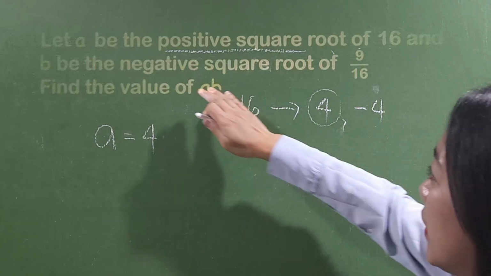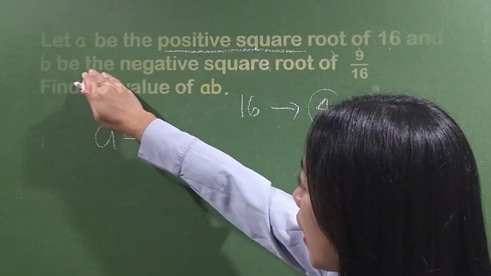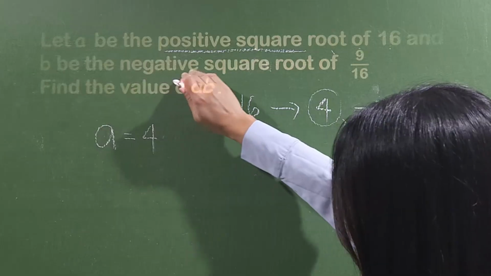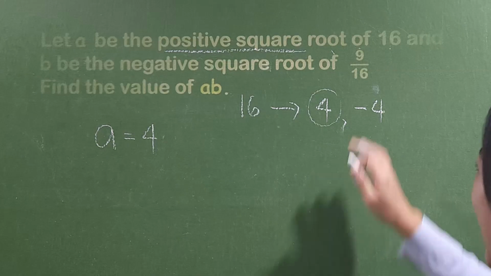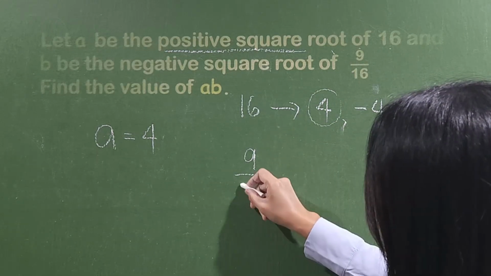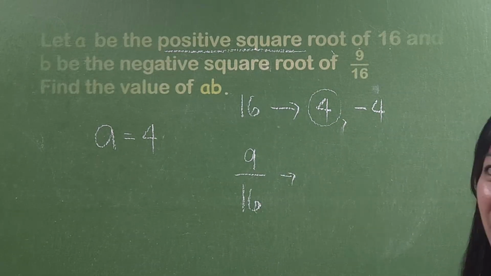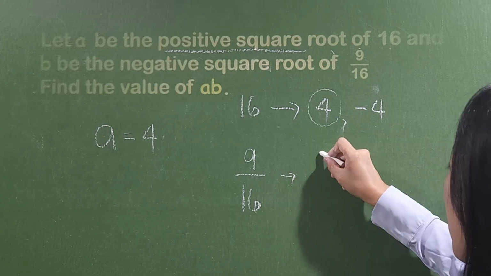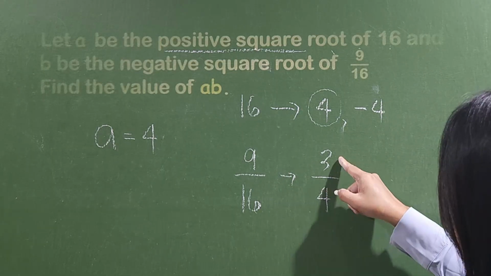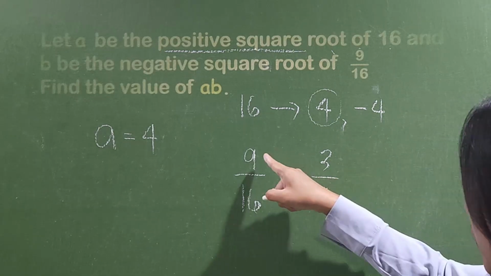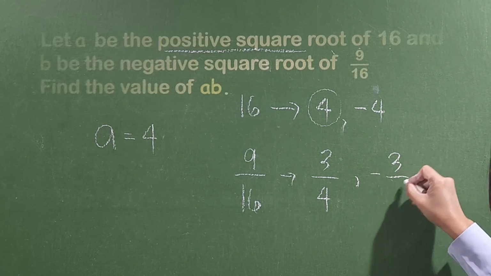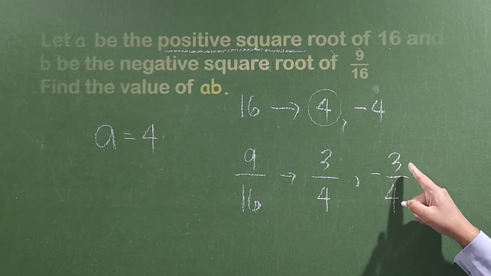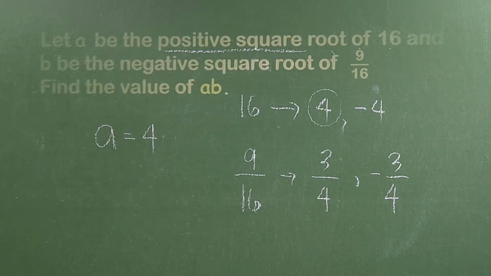What about B? According to this, B is the negative square root of 9 over 16. If it's 9 over 16, then the square roots are 3 over 4, because 3 over 4 times 3 over 4 would give us 9 over 16, and also negative 3 over 4, because negative 3 over 4 times negative 3 over 4, the result is also 9 over 16.